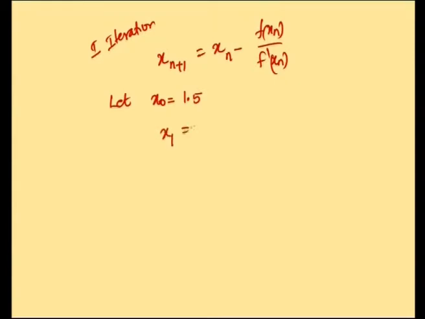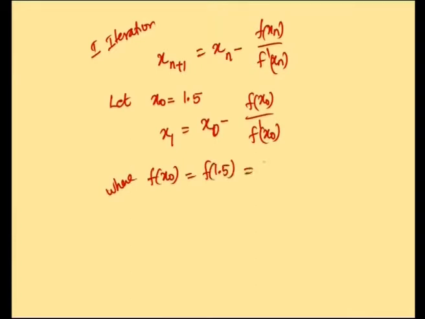So you get x1 is equal to x naught minus f of x naught divided by f dash of x naught. f of x naught, which is f of 1.5, is 1.5 minus 2 times sine of 1.5, and we found this value to be minus 0.494.